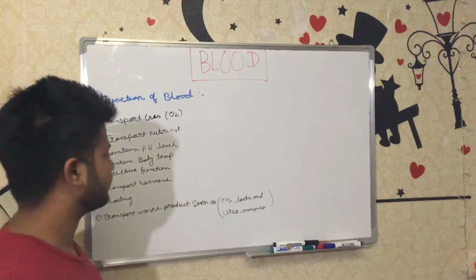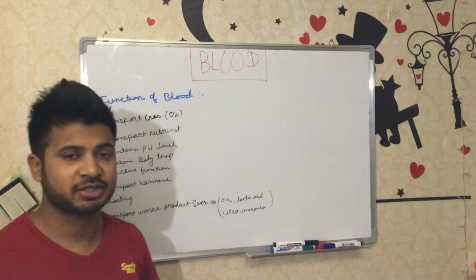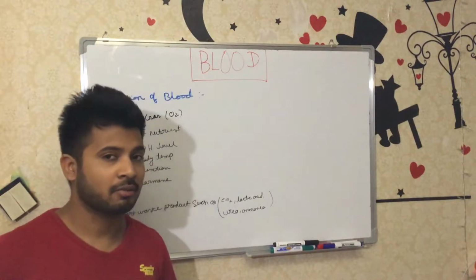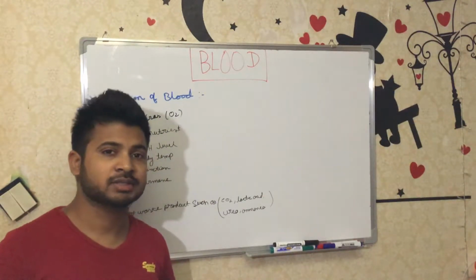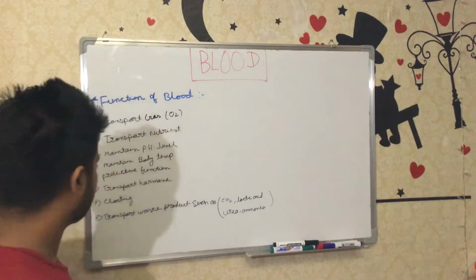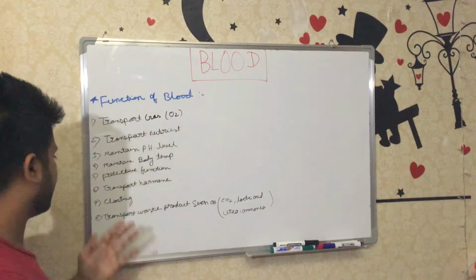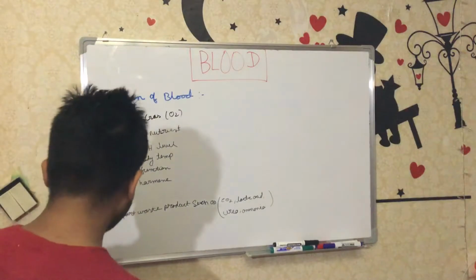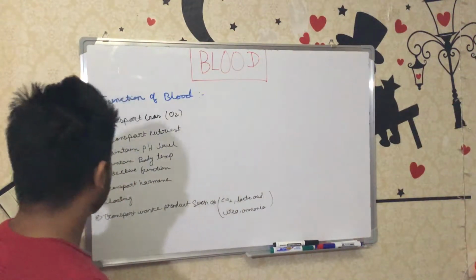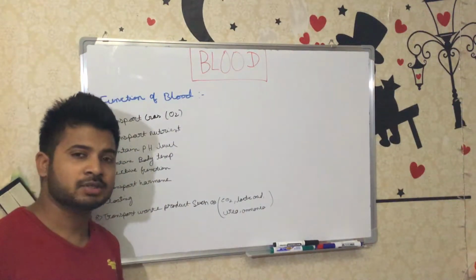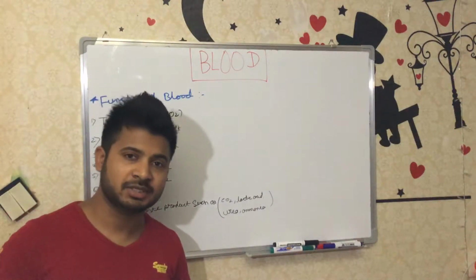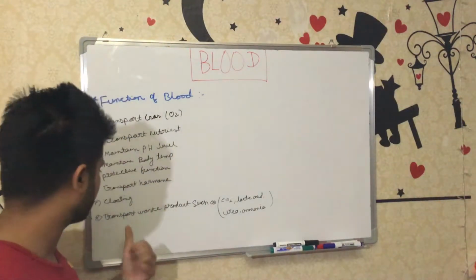Protective function: as you know, the white blood cells produce antibodies, and whenever microorganisms attack our body, they protect us from the microorganisms and some other problems also. Then transport of hormones. Then the clotting factor, which also belongs to the protective function, because the thrombocytes or platelets stop the bleeding by clotting.